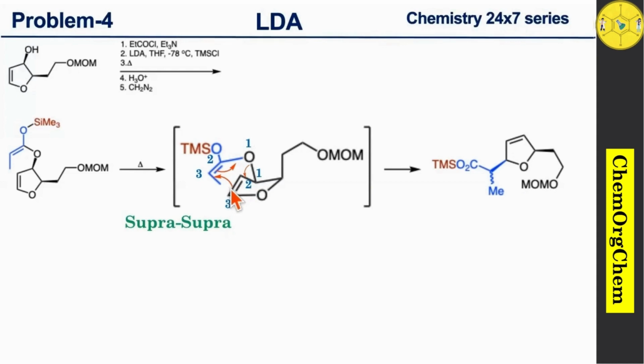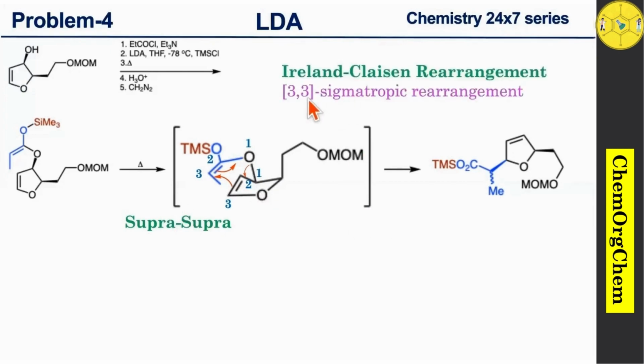Here you see the bond forming between the third carbon and third carbon takes place on the same face as the C-O bond breaking. Therefore, this particular step proceeds by supra interaction. This reaction is called a 3,3 sigmatropic rearrangement. Specifically, it is called the Ireland-Claisen rearrangement, which produces the corresponding product.